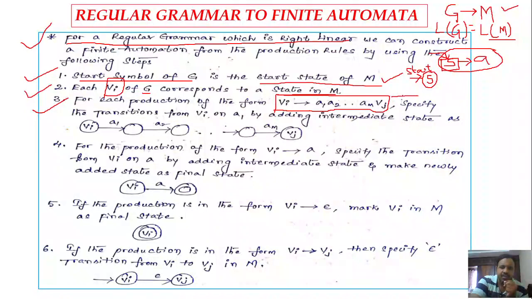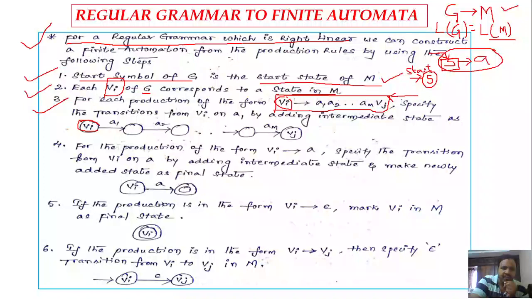If we encounter such a production rule, how do we construct the states and transitions? Just try to understand. First take Vi and mark it as a state, and next, for each terminal symbol, specify the transition towards an intermediate state, right?